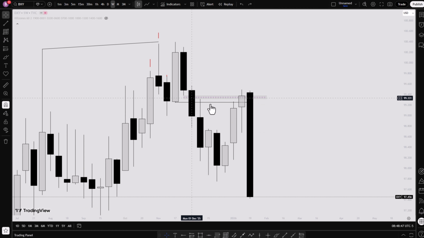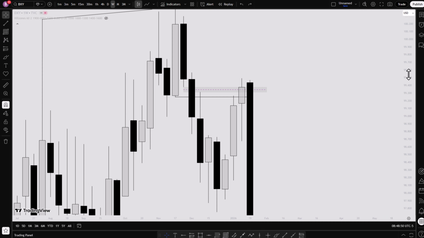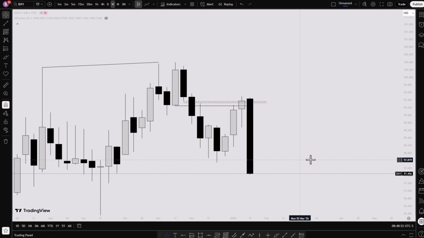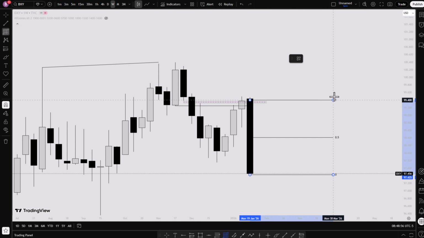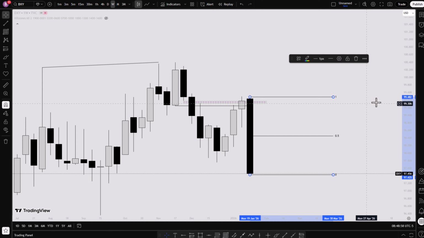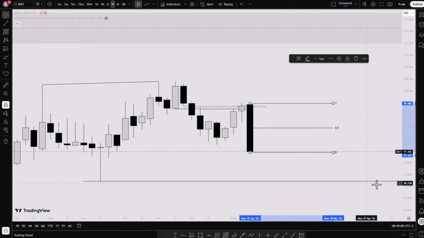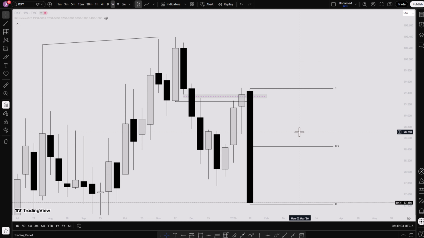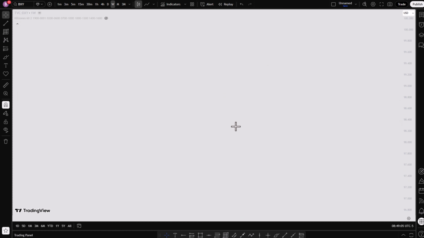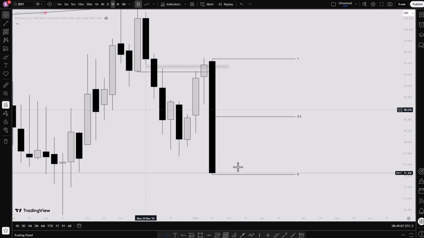So what we need to do here is to mark the previous week candle, and we're going to be marking the 50% because price is bearish. Remember, we are targeting this draw on liquidity here. Price is bearish. We are targeting the 50% level, which will serve as our area of interest.